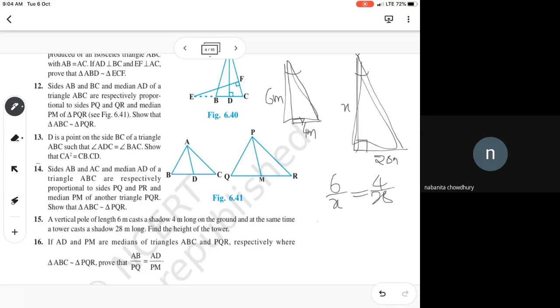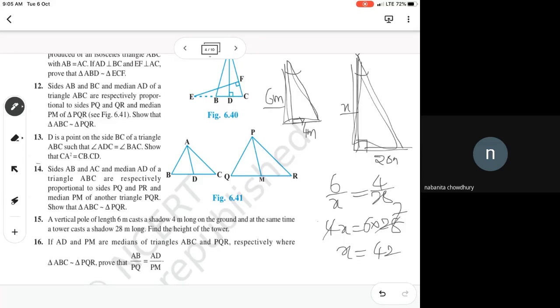So 4x is equal to 6 into 28. No need to multiply 6 and 28; directly, x is equal to 7 into 6, which is 42. So the height of the tower is 42 meters.